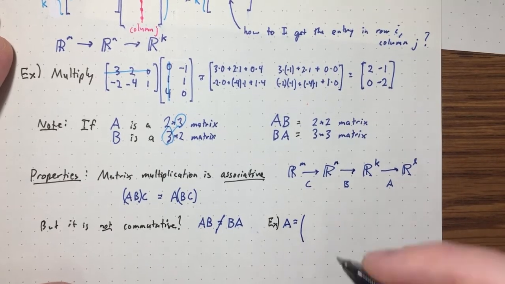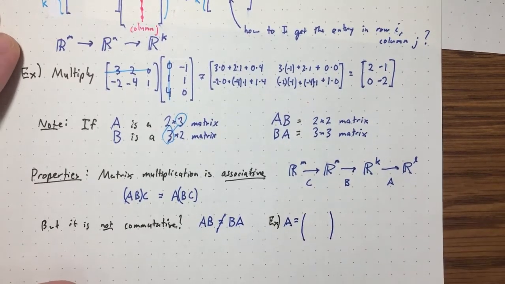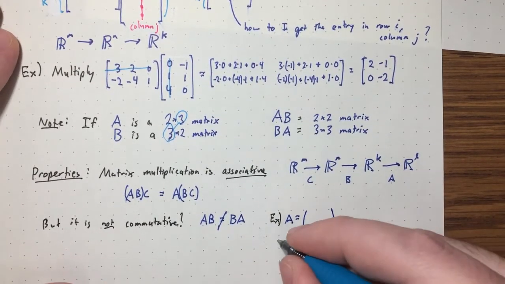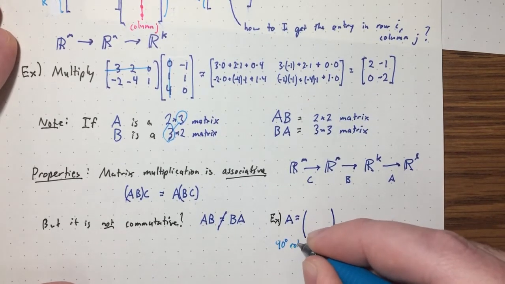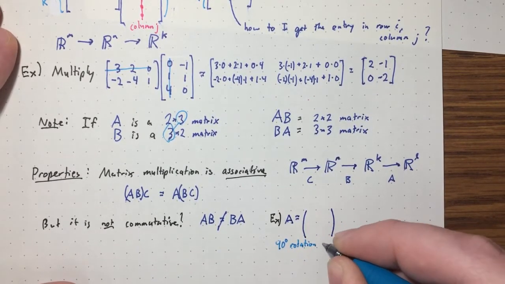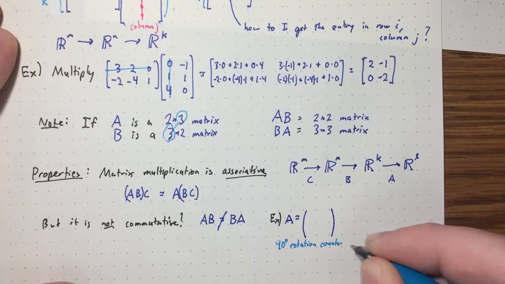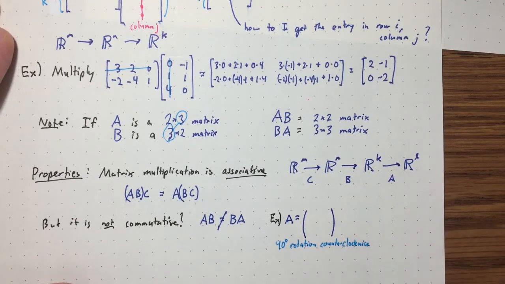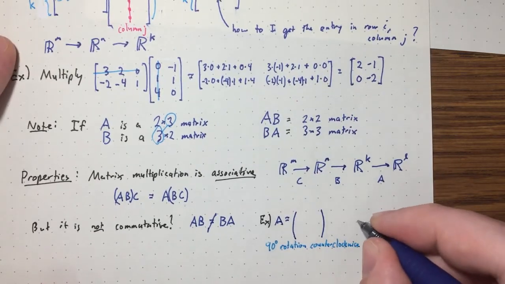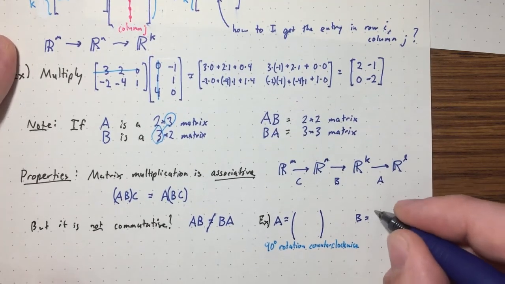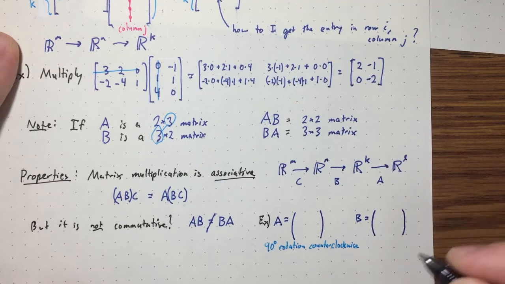So how do I do that? So this is a 90-degree rotation counterclockwise. I'm going to try to figure out two linear transformations where if you reverse the order, you actually change the outcome.